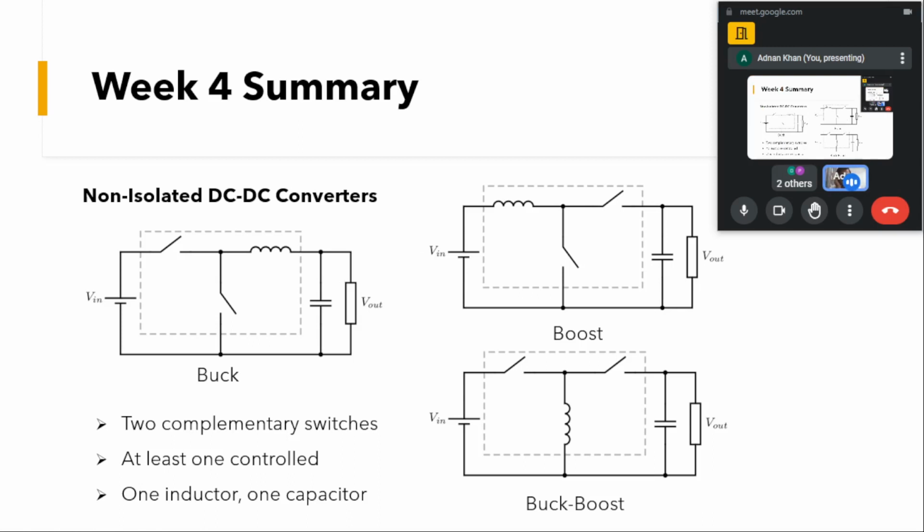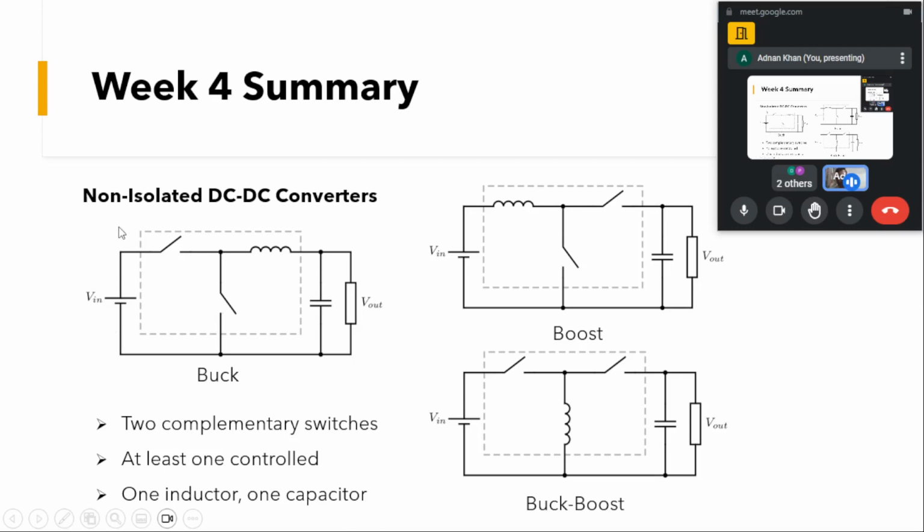The first is the buck topology. In buck, we have some input voltage given, and if we want an output voltage that is less than the input voltage, we use this buck converter, which does the step down operation.